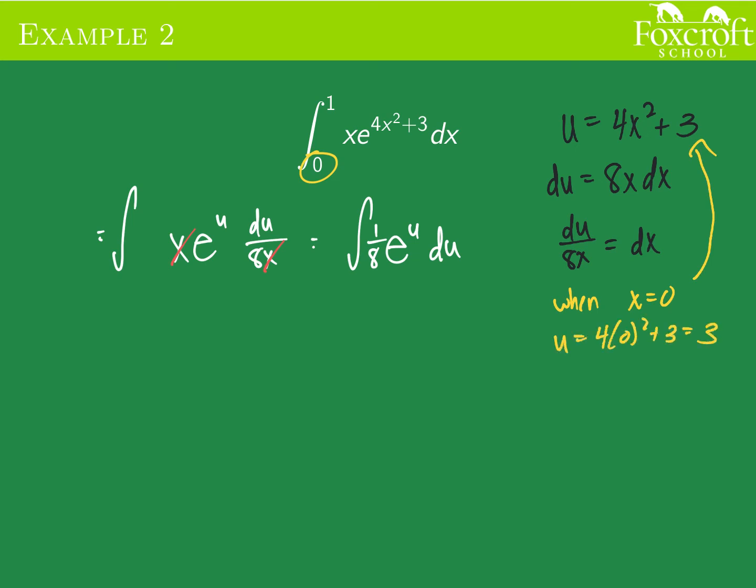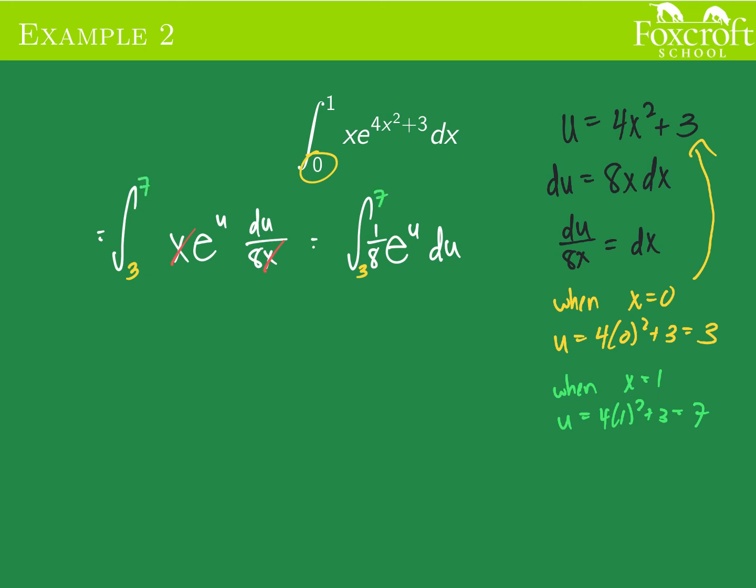All right, so when x is 0, u is 3. So now I can put a 3 here instead, because now I can just think about it in terms of u. Same thing when x is 1, u is 7.